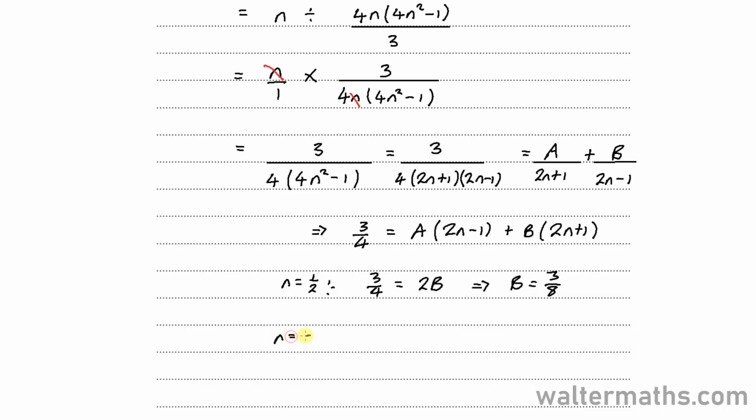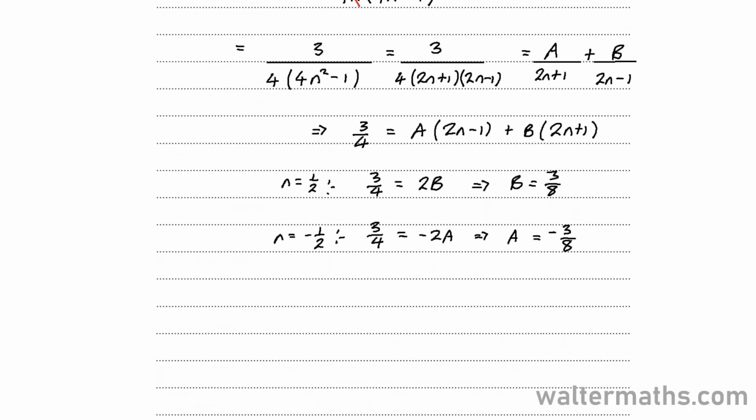Then when n is equal to minus a half, on the left side we'll be having 3/4, and that will be equal to... here if we substitute minus a half, we get minus 2a. But if we substitute minus a half for n on this part, then we get 0. So here A will come out as minus 3/8.